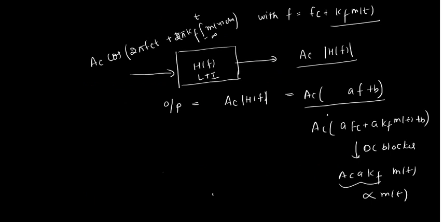Why would such a transfer function give you a signal which is proportional to m(t)? Let us see.